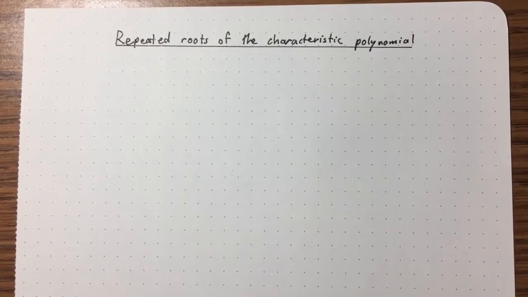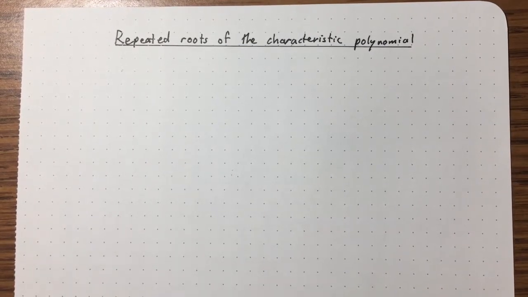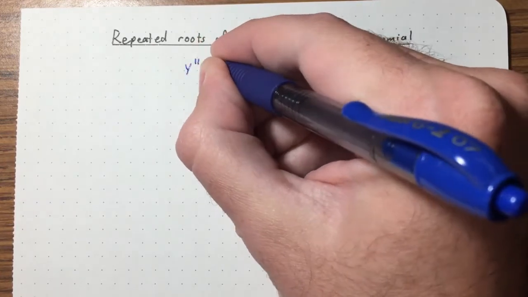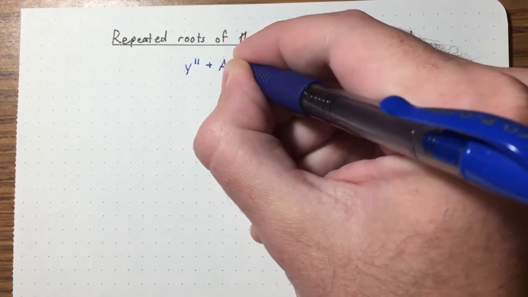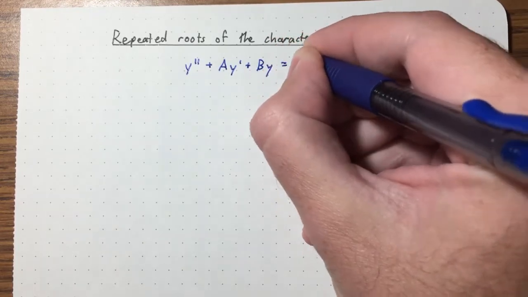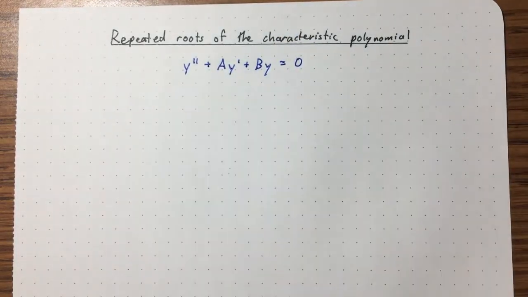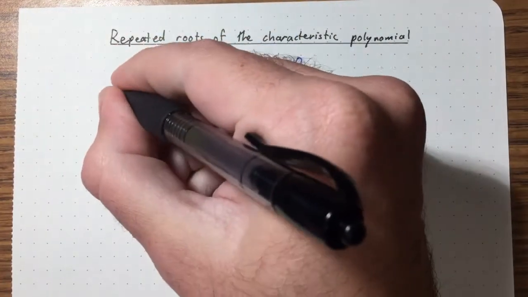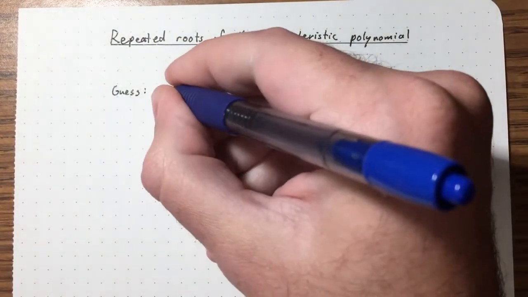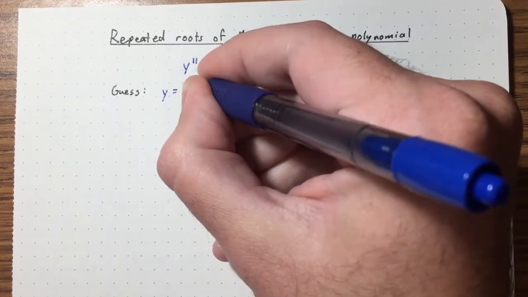So now let's talk about what to do in a case where our characteristic polynomial has repeated roots. Recall what we're doing is solving the differential equation y double prime plus ay prime plus by equals 0. Our guess for the solution was e to the rt.